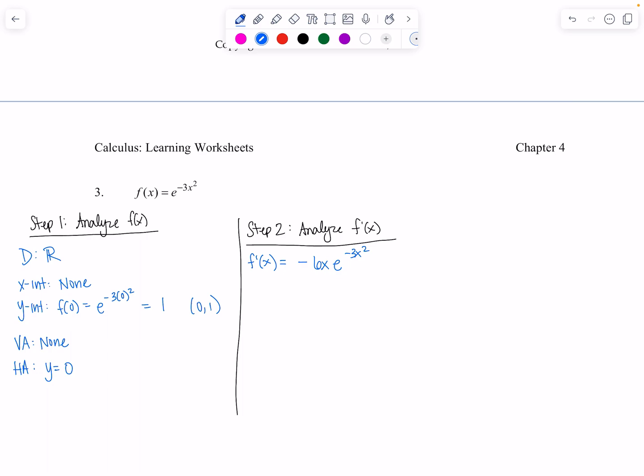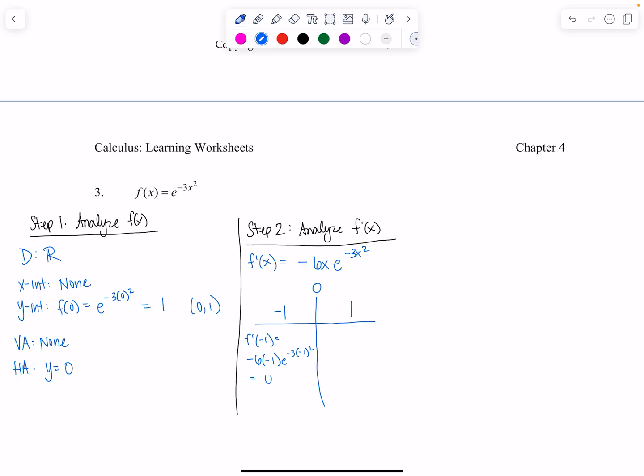So our partition number is just 0. So we'll do -1 and +1. Our derivative at -1 will give us -6 times -1 e to the -3 times -1 squared.